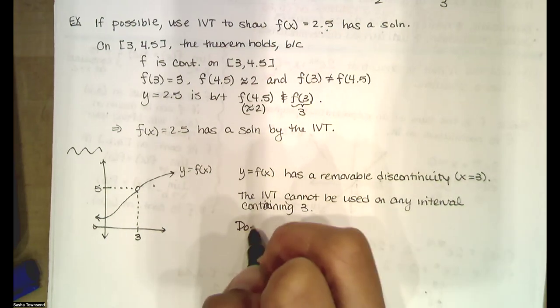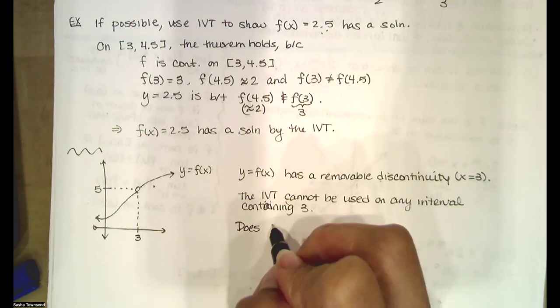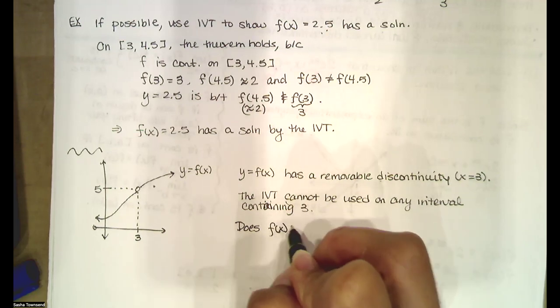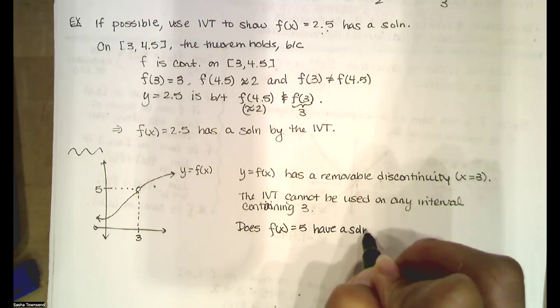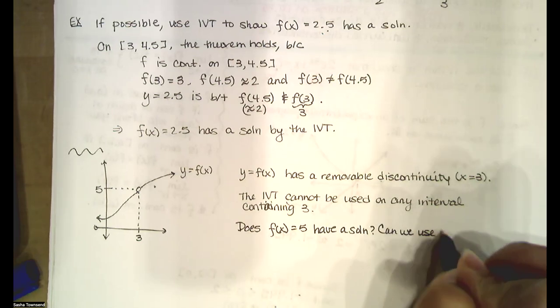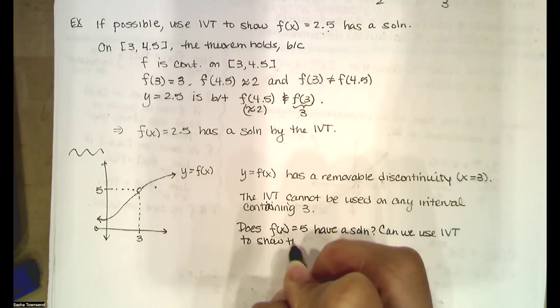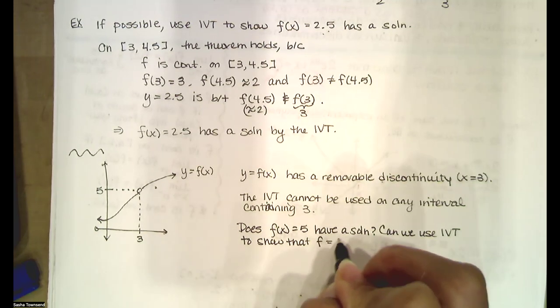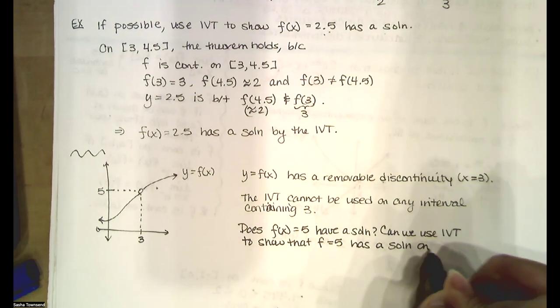Problem statement might say something like, does f of x equals 5 have a solution? Can we use IVT to show that f of x equals 5 has a solution on some interval?